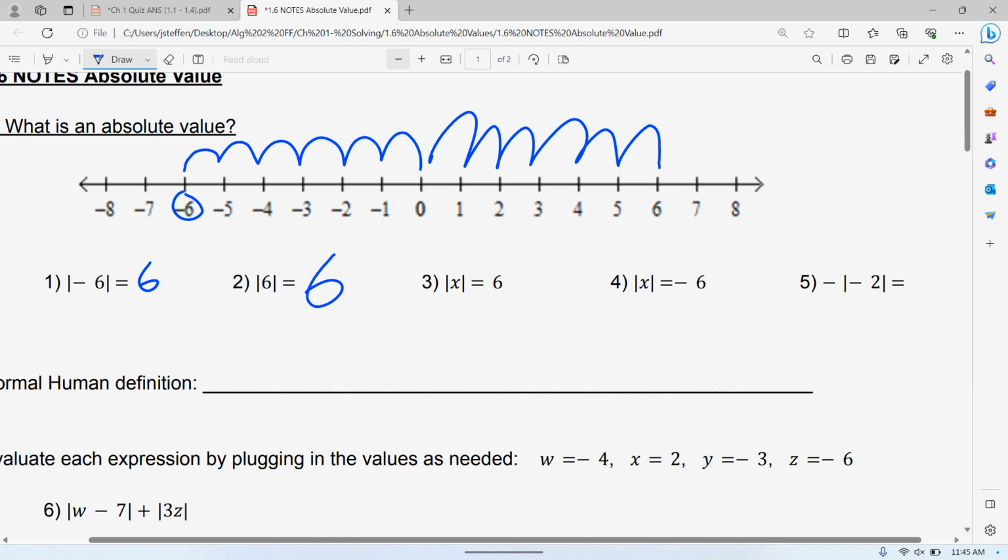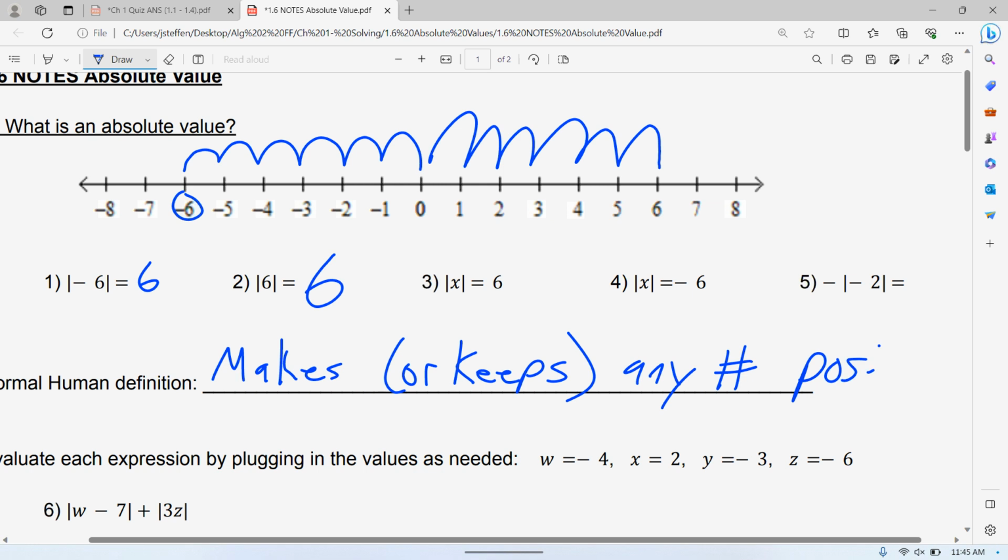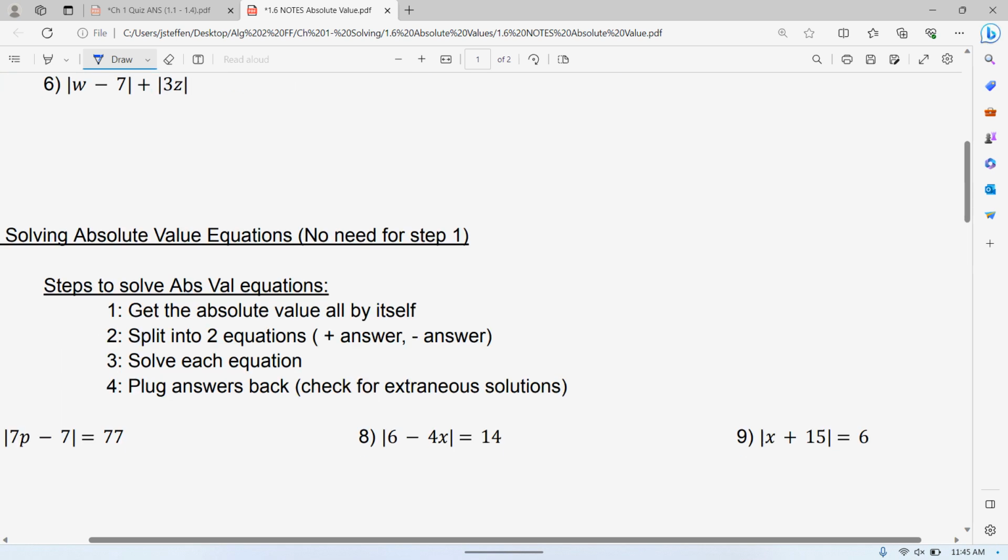So I'm going to interrupt myself right here and tell you the normal definition that you guys can tell people: it makes or keeps any number positive.